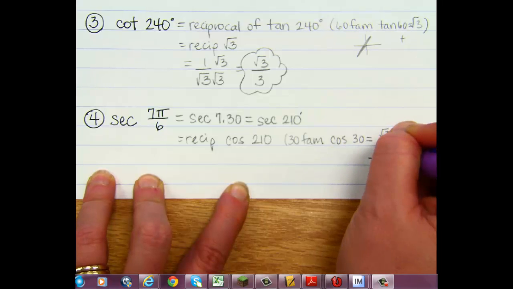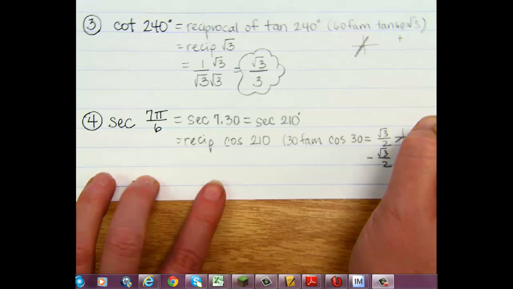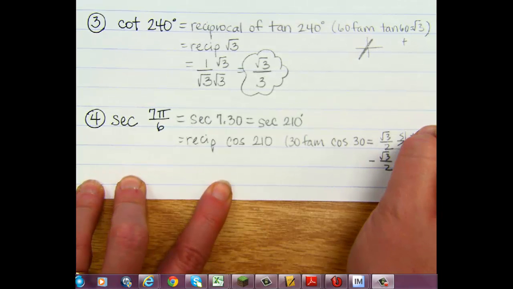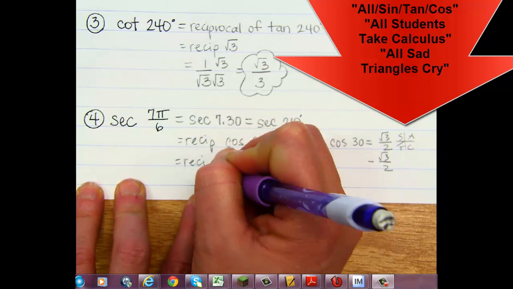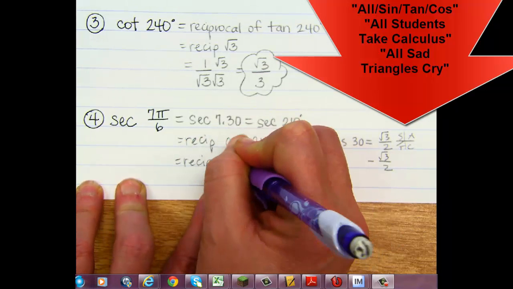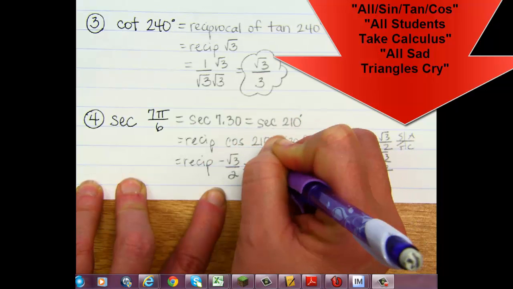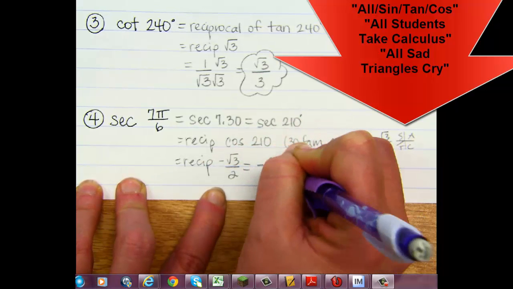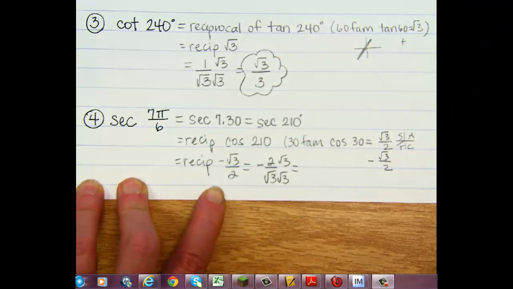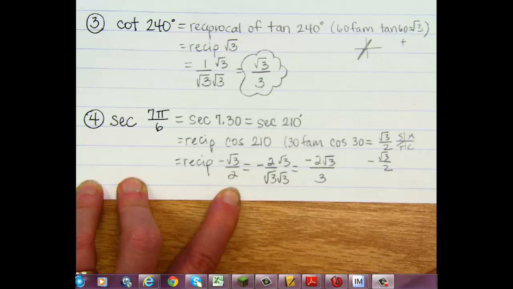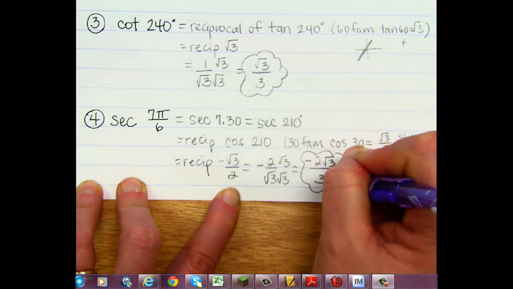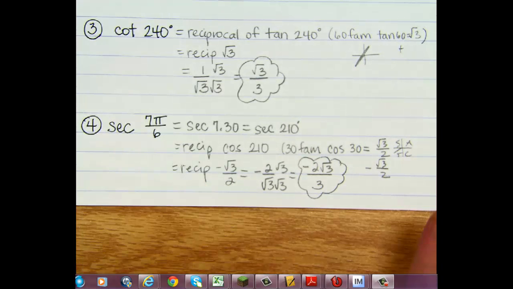In quadrant 3, cosine is negative. So what I need to end up doing is finding the reciprocal of negative root 3 over 2. Notice how I jotted down my quick ASTC, all students take calculus, to remember what's positive in quadrant 3. So the reciprocal of negative root 3 over 2 is negative 2 over root 3. Cleaning it up, I get negative 2 root 3 over 3.